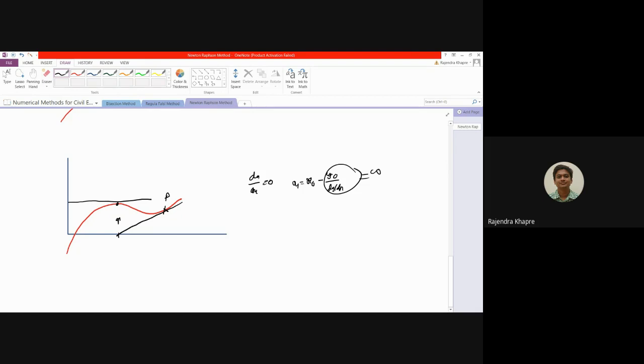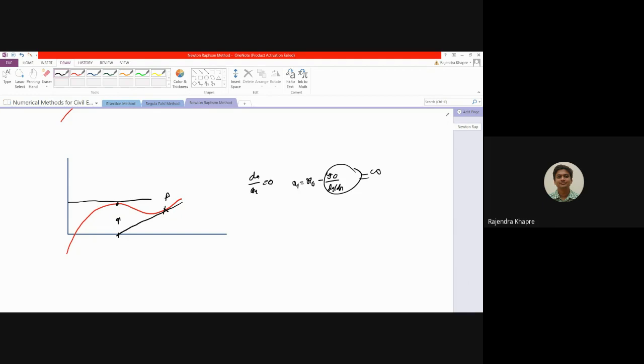You may have started with some guess root, gone for one iteration, second iteration, third iteration, and suddenly you will find dy by dx is becoming 0, and after 3 iterations or maybe 4 or even 10 iterations, you are not able to get the correct solution because the slope of this particular line is becoming 0. So this can happen in the middle also. I hope you have understood this. Yes, sir. So this can happen anytime.